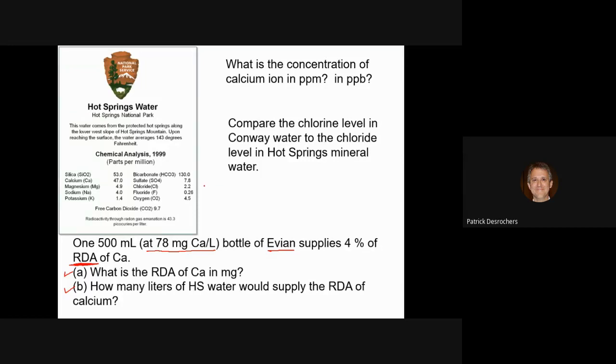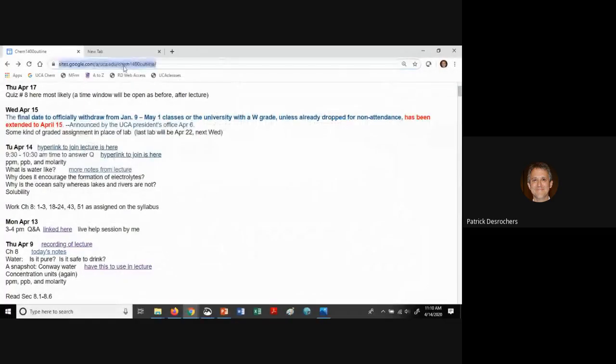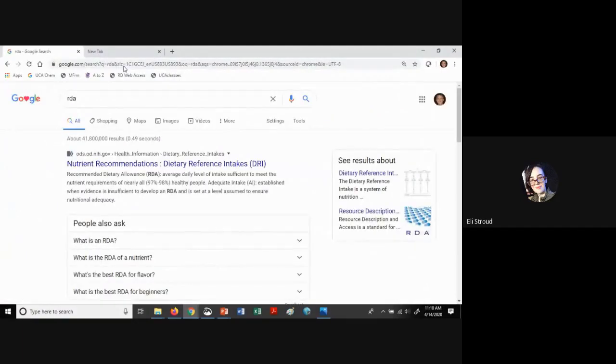You can Google it real fast. What does RDA mean? Let's Google it real fast. RDA. So recommended dietary allowance. There it is. Okay. Per day, right? See how it says per day? Okay, so let's go back.